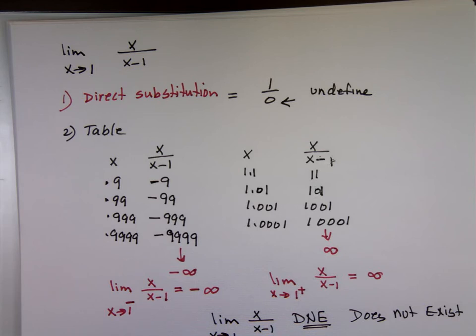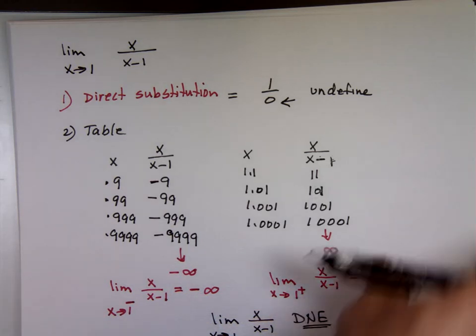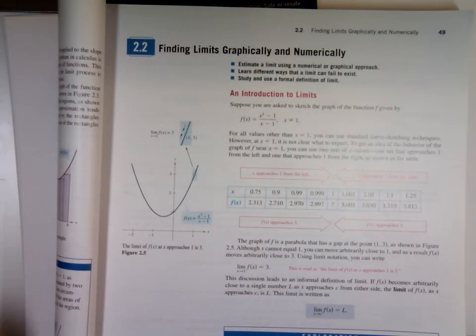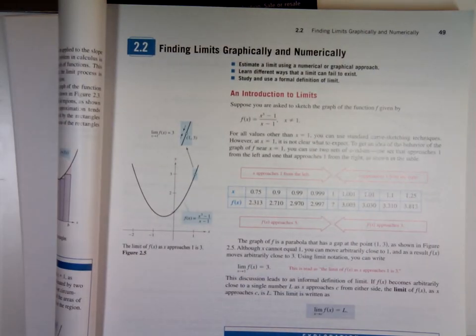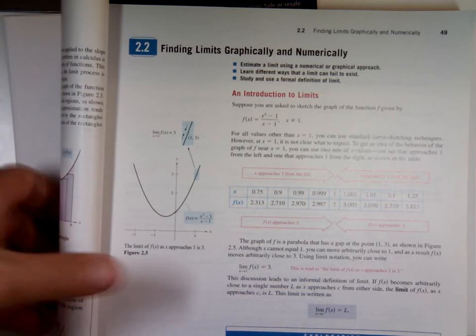Oh, really? 2.2, finding the limit graphically. Okay, so this is 2.3. Yep. I just said I went off the top of my head there, but the book does 2.2, and that's finding the limit graphically, just by looking at the picture. So it's all things on 2.2. So let me stop it.